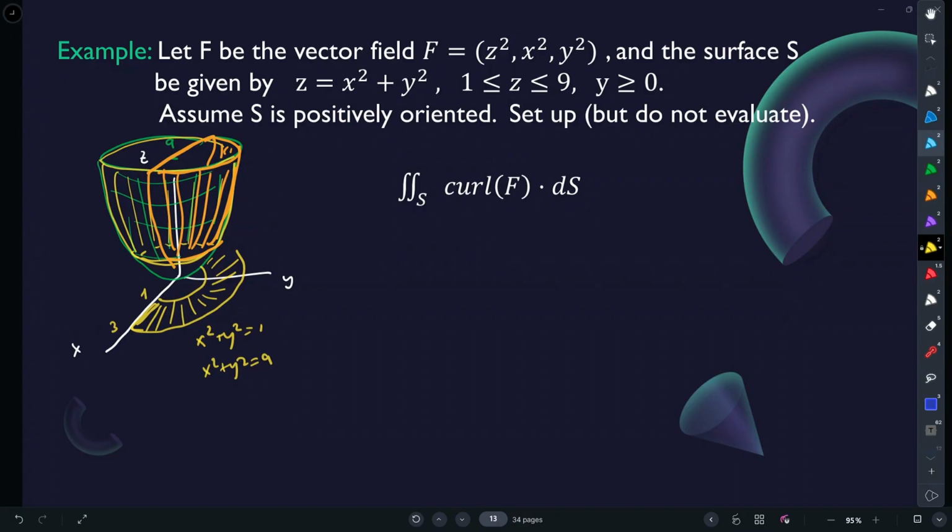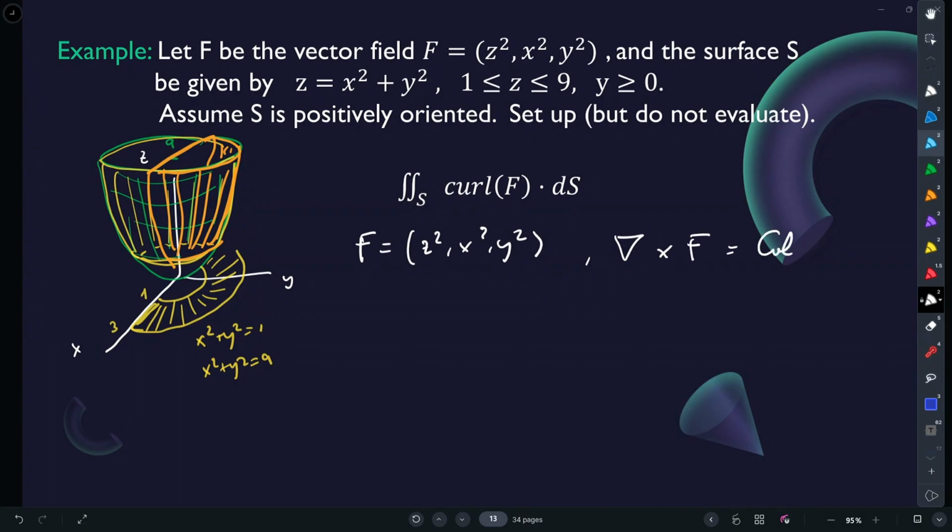So let me first figure out what is the curl of this beast. Let's start with the curl. So f is z squared, x squared, y squared, and I'm going to compute the curl. The curl, remember, is the gradient cross f.